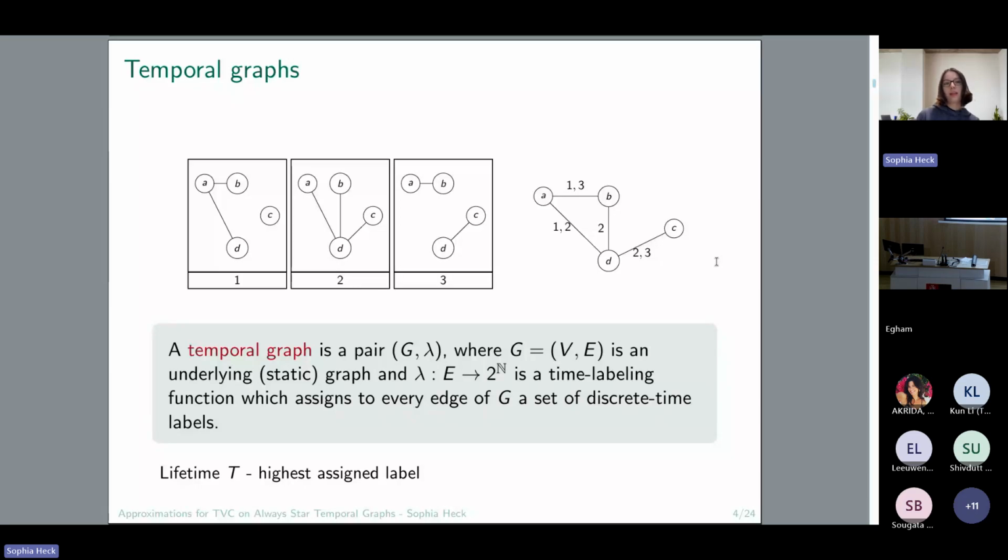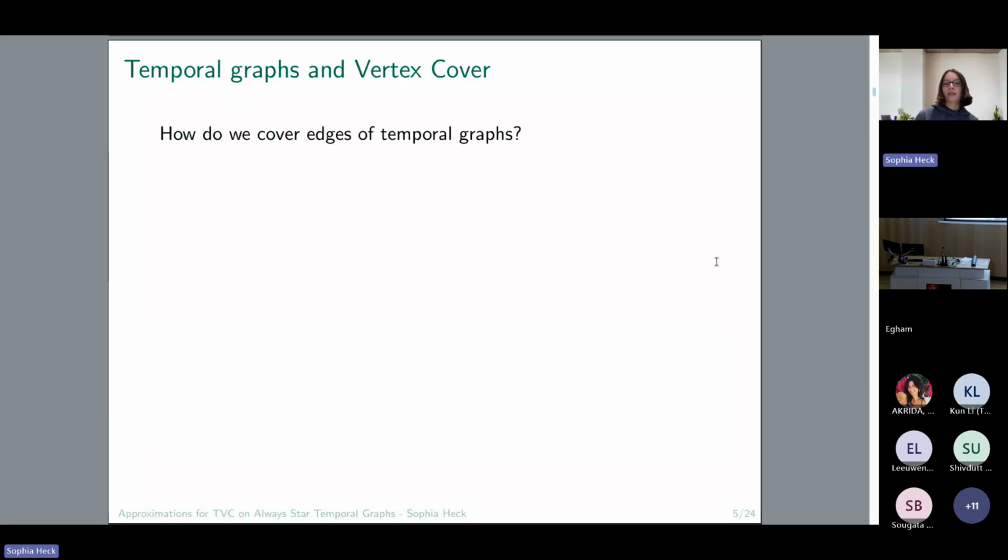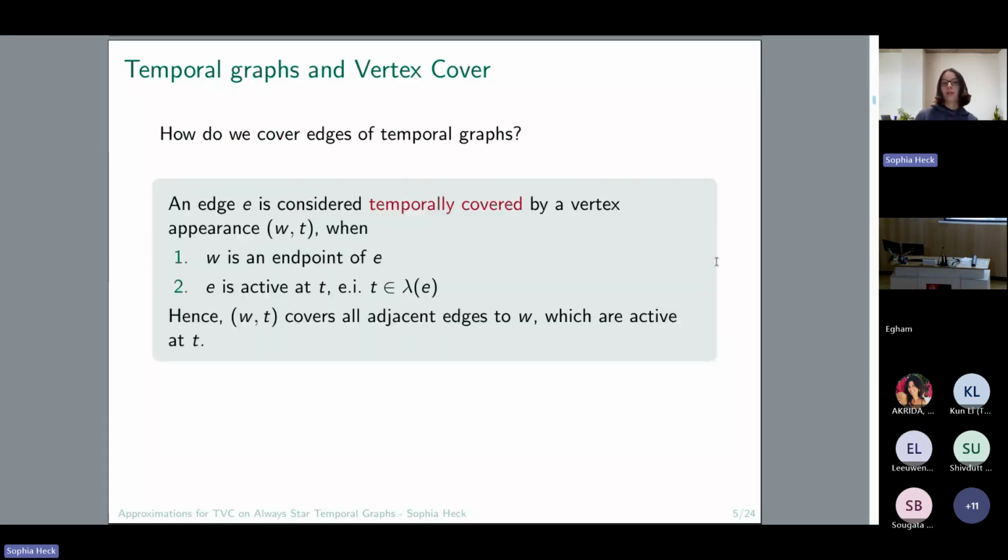If we translate this behavior now to the vertex cover problem, we need to somehow cover the edges. But what does that mean in terms of temporal graphs? We introduce a definition called temporally covered. Before, an edge was just covered by a vertex, and now it's covered by a vertex appearance, (w, t).